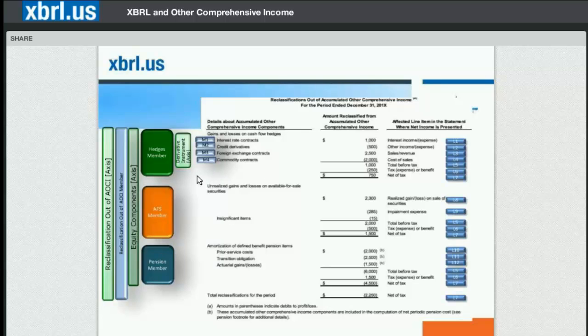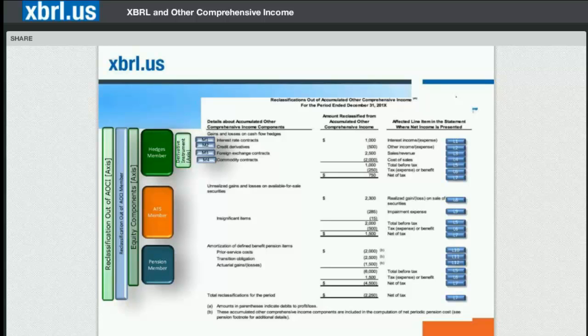And the third, in this particular disclosure, is the derivative instrument axis, called derivative instrument and risk axis, to apply the type of derivative contracts to the fact to which each pertains. And then we just used a shorthand M1 through M4 to represent the domain member elements for each type of derivative instrument disclosed.